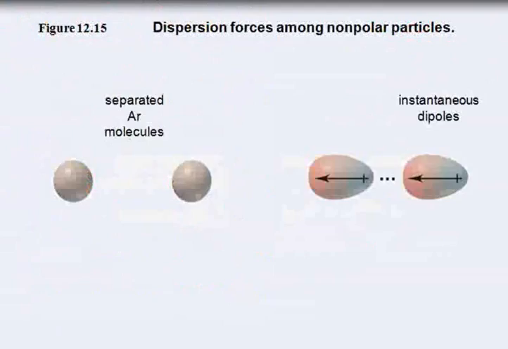Here's another example of dipole forces. Here we have argon molecules. As you know, argon is a noble gas. It's got a full outer shell, and it's possible, just like in the molecule, that the electron concentration is greater on one side temporarily than on the other, right?